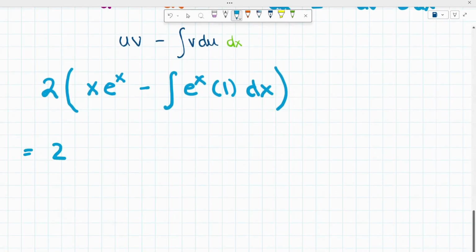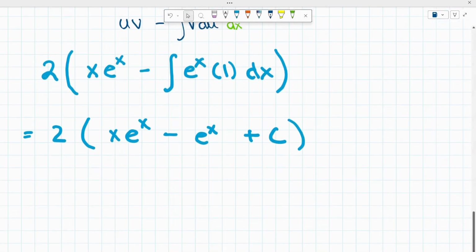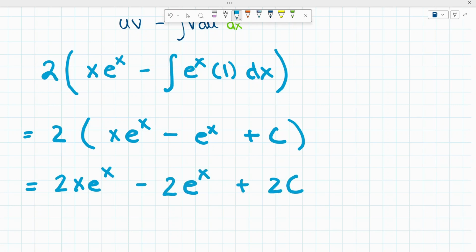So it's simply 2 times x e to the x minus, and like I said, the integral of e to the x is e to the x, and we have to do our plus c. So if we expand this out, we get 2x e to the x minus 2 e to the x plus 2c.